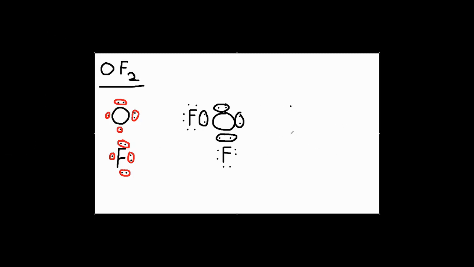Now I'm going to talk about our structural formula. So how you would make the shape structure. So oxygen in the center, obviously. And these are singular bonds right here. There's no double bond, there's no triple bond. So we're just going to put one line down.